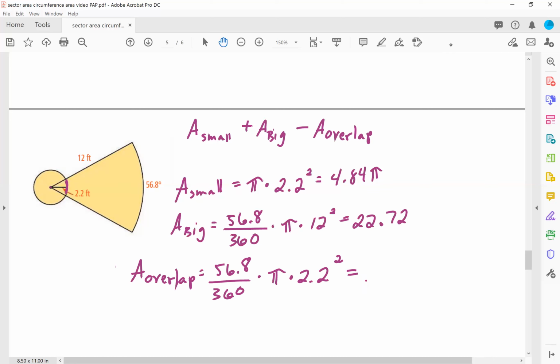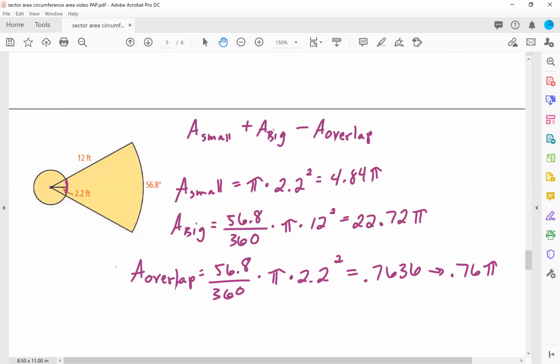So we get 0.7636, okay? But again, since we are only carrying around to the hundredths place, it's 0.76 pi, okay? So now what we will do is we'll follow our little formula.